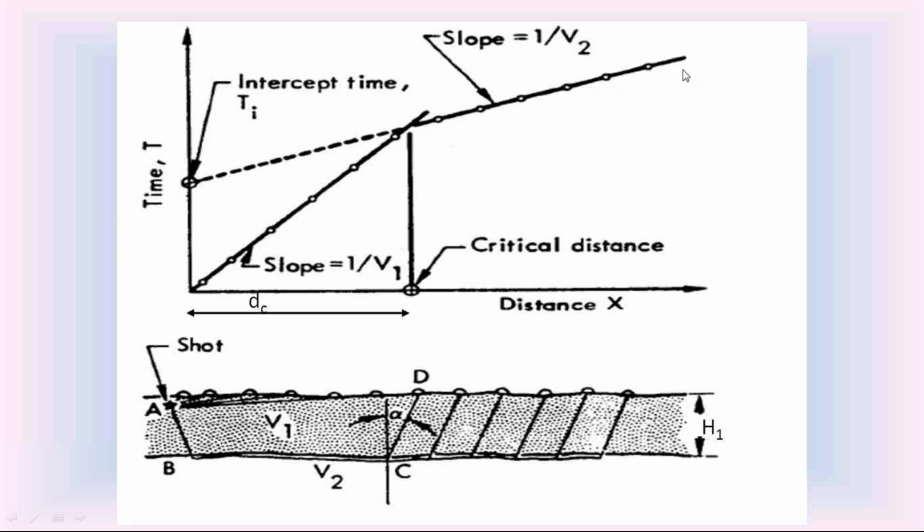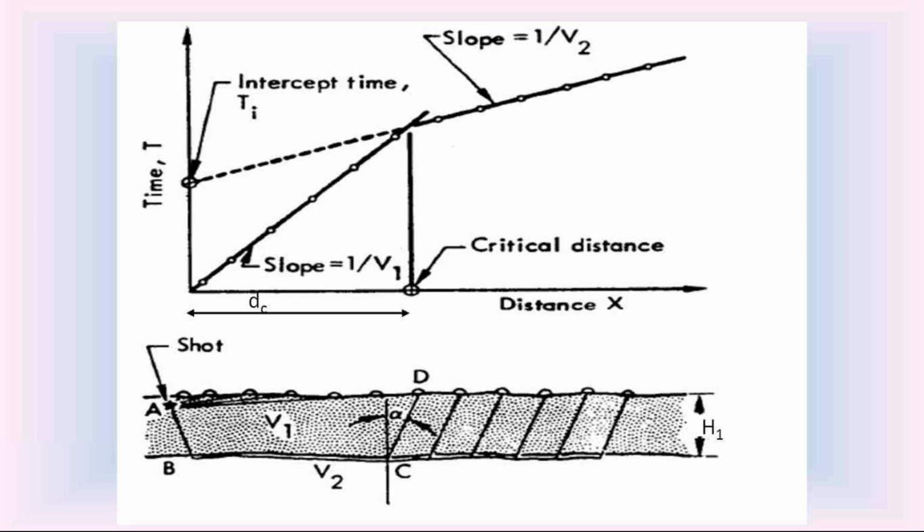Since there is a change in the velocities of shock waves in different soils, you are getting these two different straight lines. They are not the same straight lines. In the beginning I explained the important principle in the seismic refraction method: the shock waves travel with different velocities in different soil layers.